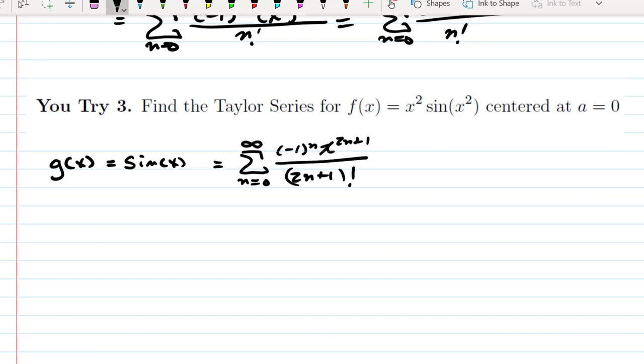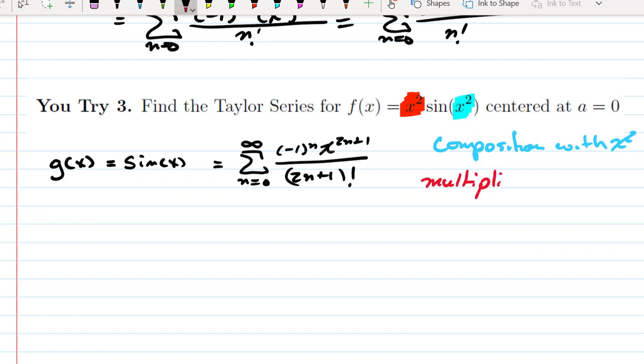So then, if this is our sine x, we have two things that are happening. So this is composition with x squared, and out in front we have an x squared, and this is multiplication by x squared.